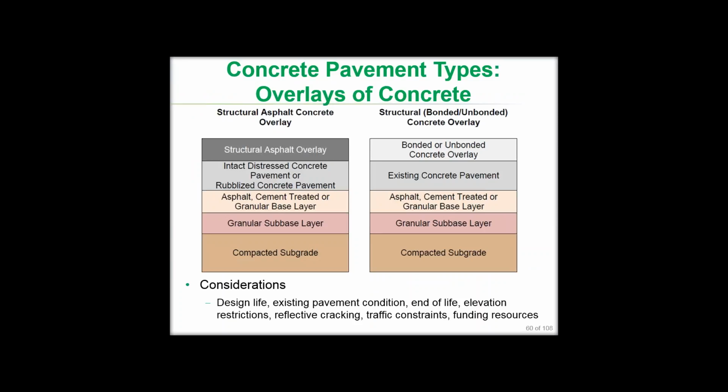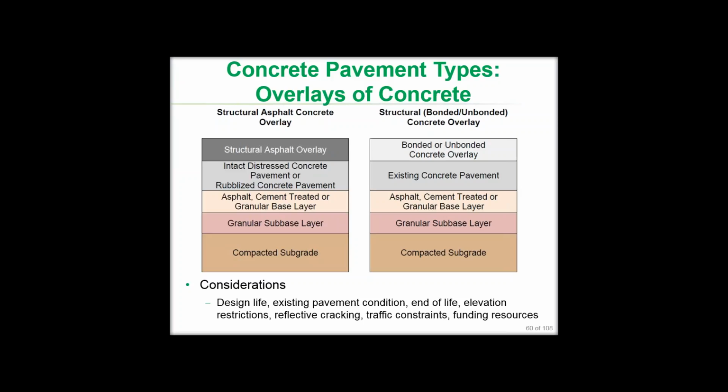If your potential pavement type may be an overlay, with an overlay of a concrete pavement, one obviously always could consider an asphalt overlay, but that's also going to be determined by whether the design life of this overlay is going to be short or longer term, whether there's reasons to not use an asphalt overlay in terms of the existing condition, elevation restrictions that may potentially be occurring, and we could also be comparing this overlay type to one of the reconstruction options I just mentioned.